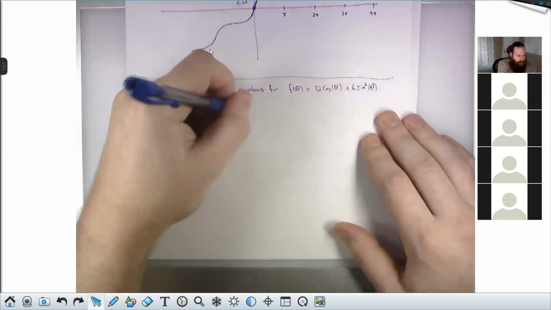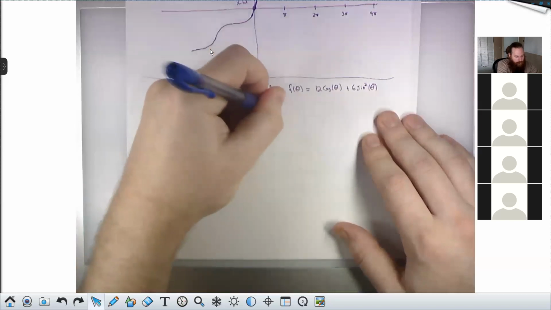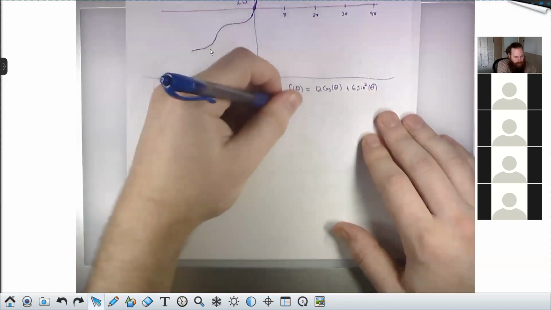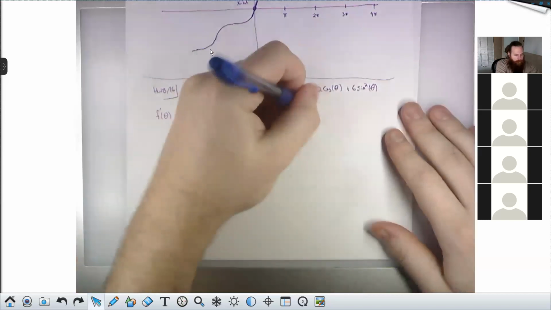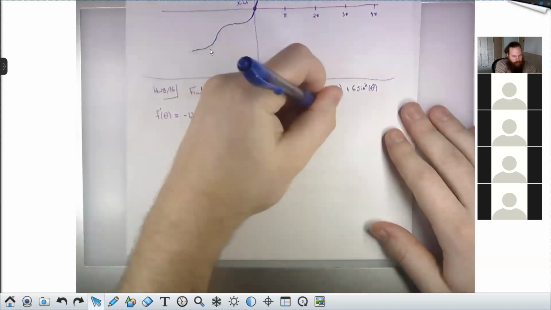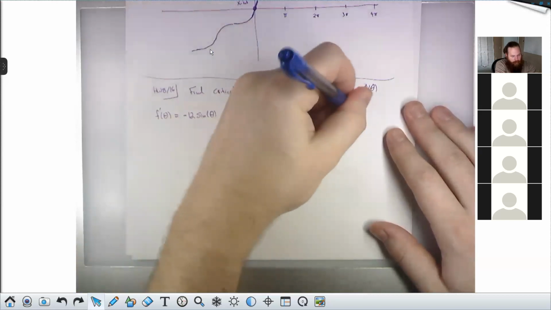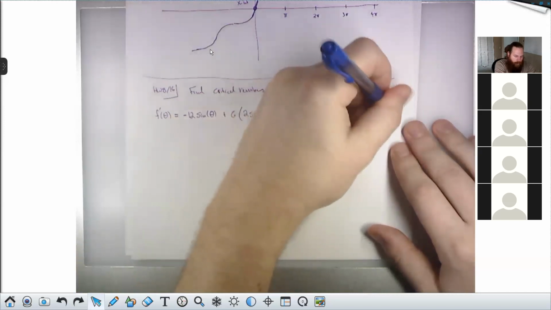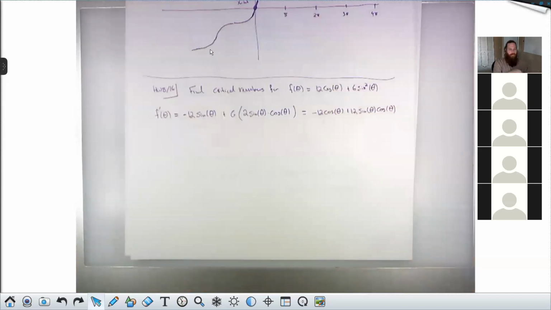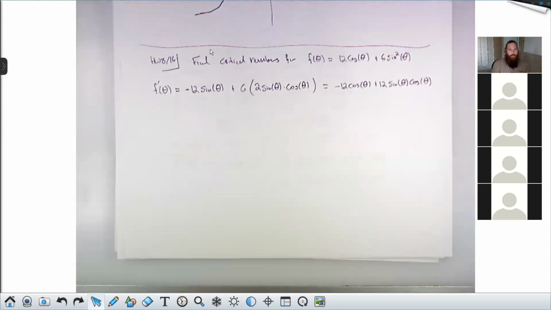Sine squared theta differentiates to 2 sine theta times cos theta, which is the same as negative 12 sine theta plus 12 sine theta cos theta. So I want to find places where this is equal to 0.